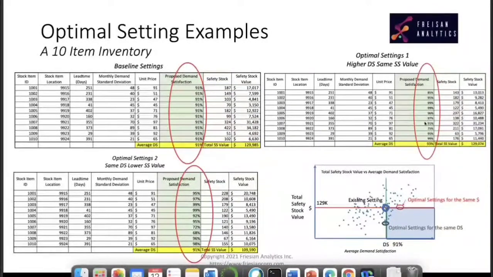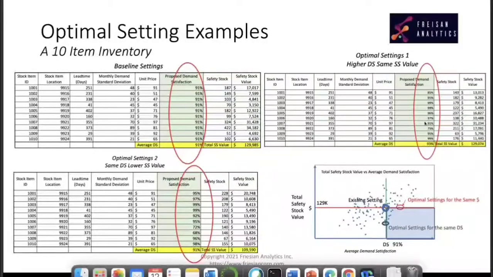So we should always keep in mind that those important numbers at the inventory level, total safety stock and average DS, should be an inherent component of any approach, not something trial and error after the fact.